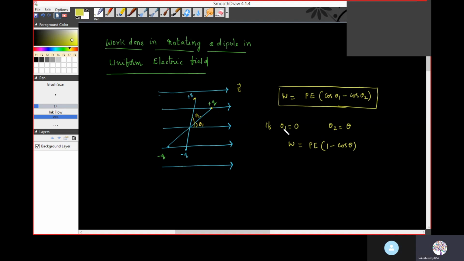Cos 0 is 1. So if you are turning from the stable position to an angle theta, then work done W is equal to PE into 1 minus cos theta.